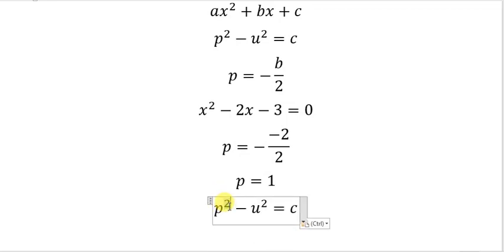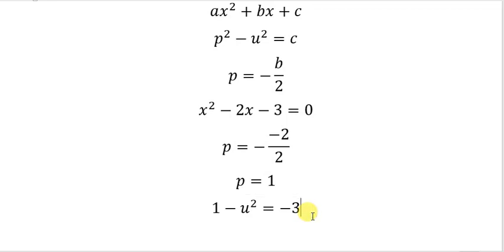Now if you agree with me, the square of 1 will definitely be 1. So we can input 1 minus u squared equals c. Then again, comparing the equation we're given to the general form of a quadratic equation, you realize that the value of c is negative 3. So we can input negative 3 wherever we find c.